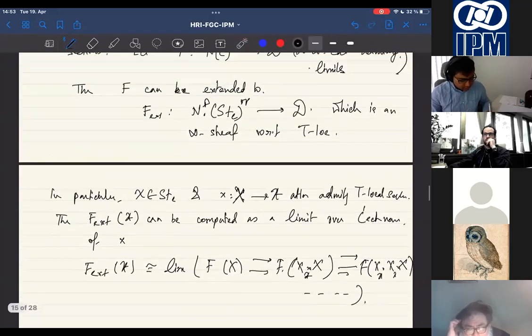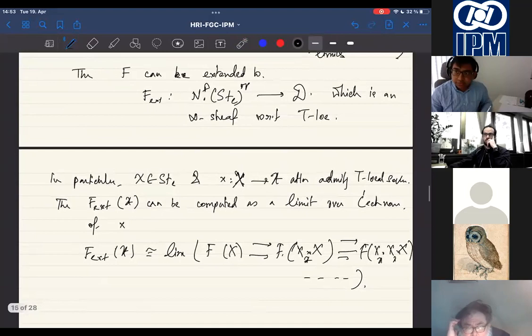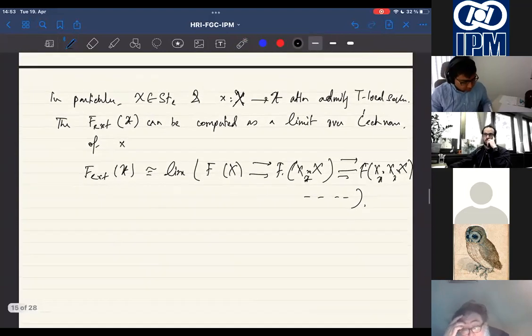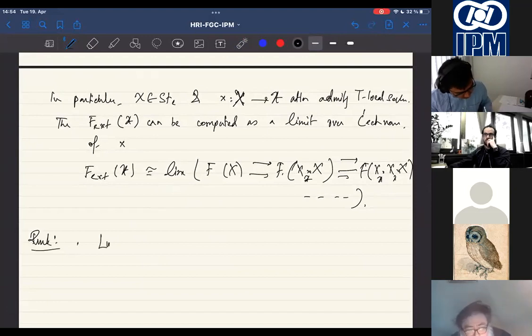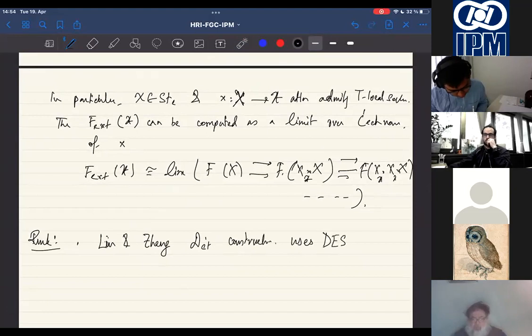And that's one way of understanding what this f of x is. Just a remark: when Liu and Zhang construct this derived category, the construction uses what they call the descent program.